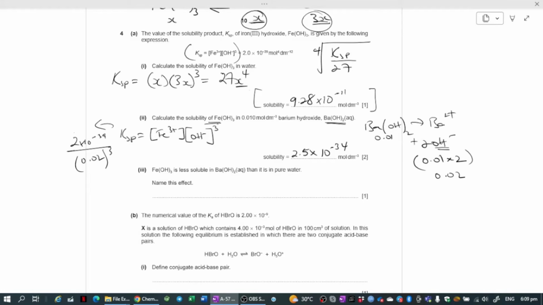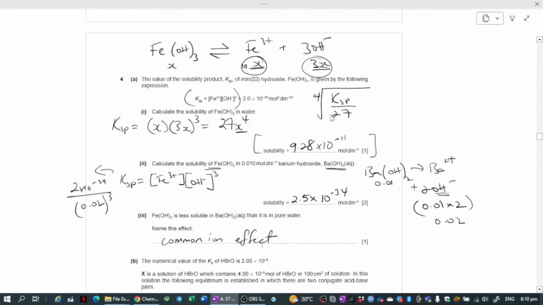And as we see, our value is significantly less than initial, which is a good indication that we are on the right track. And for part 3, we already answered part 3. What accounts for this reduction in solubility? It is the common ion effect. Right, so that should be pretty straightforward so far.